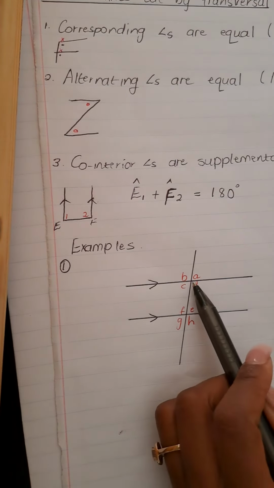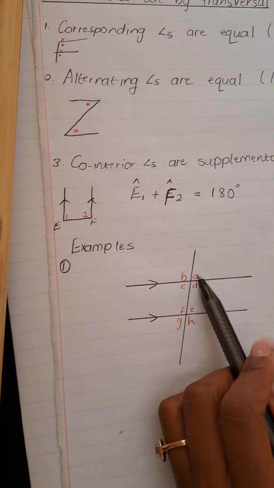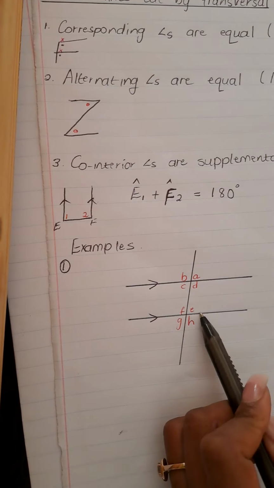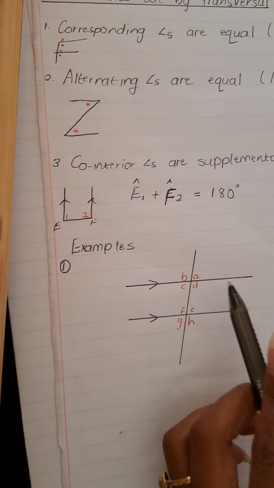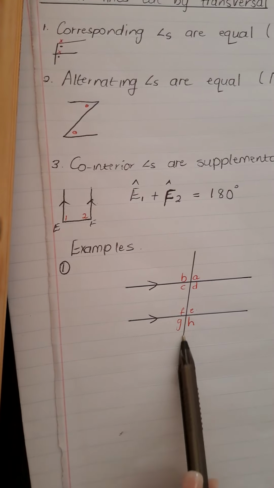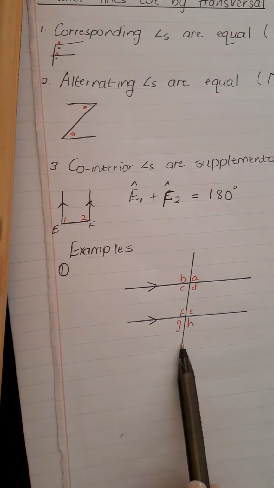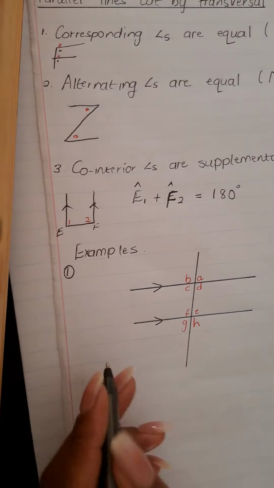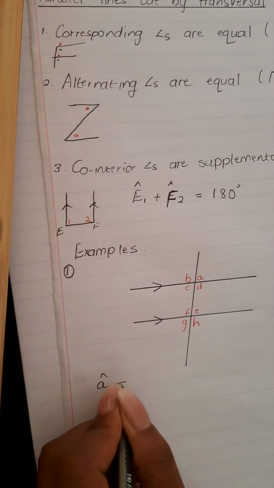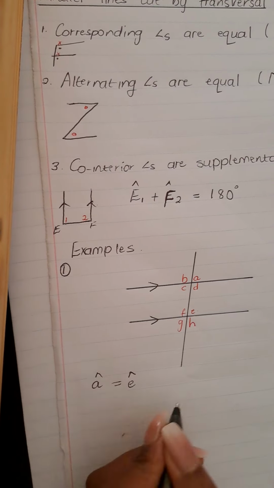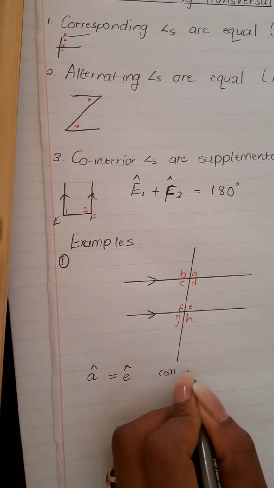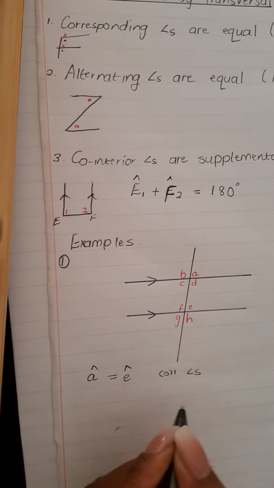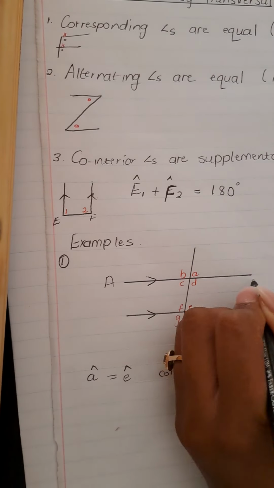If you guys can check, you are having an A above the line, and then we are also having an E above the line. And then if you follow my hand like that, you can see this is an F shape facing this direction, meaning angle A is equal to angle E, and then the reason will be corresponding angles because the lines are parallel.